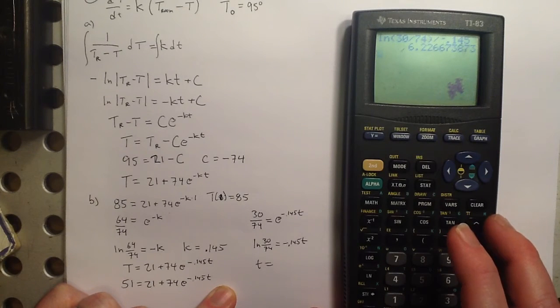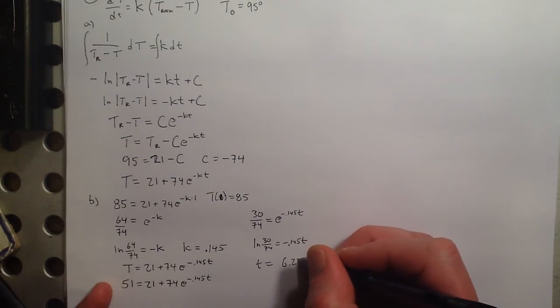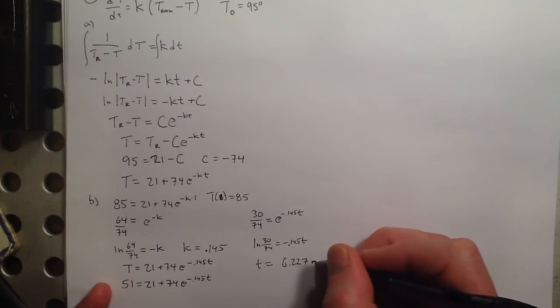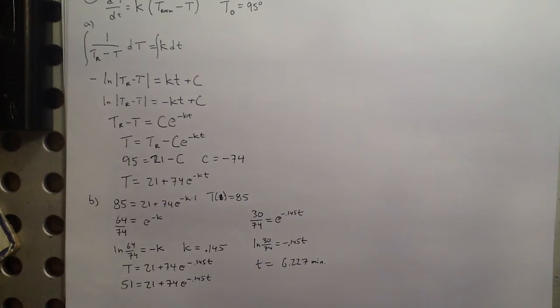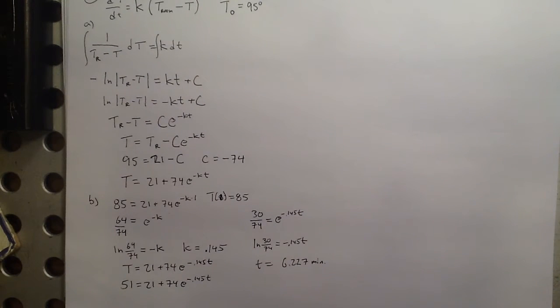It's about 6.227. And the time unit here is minutes. Oh, there you go. So it's kind of a lot of work to get through all that, especially if you write out all your steps like I do, which you should.